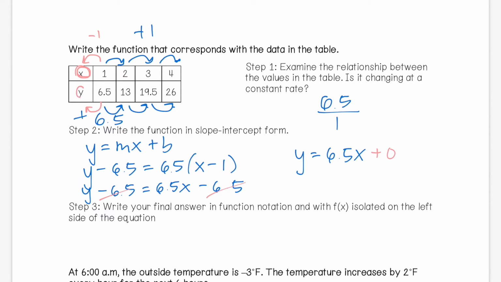So when I subtract 6.5, I would also get 0 as my output. So now to write my final equation in function notation, that's just going to be f of x is equal to 6.5x, and that's it.